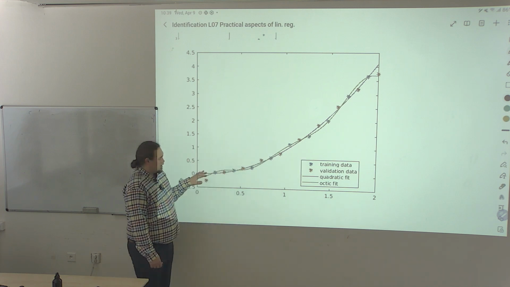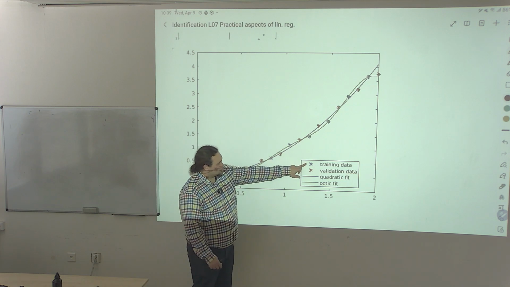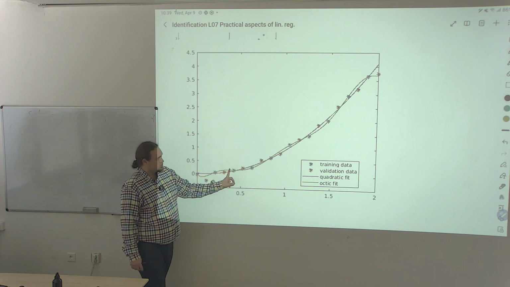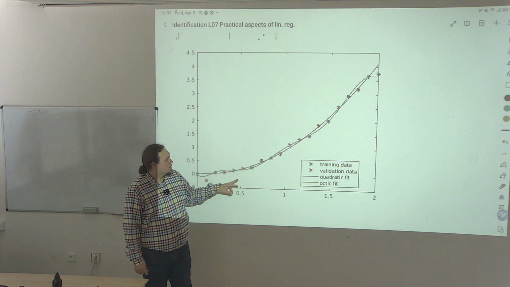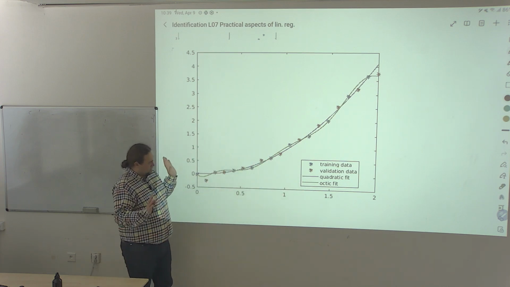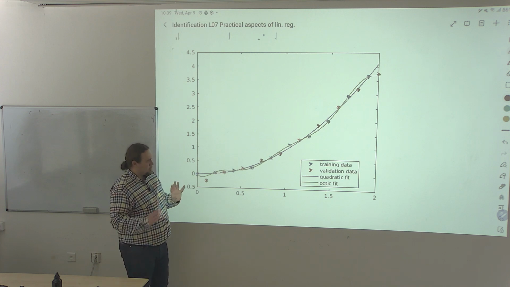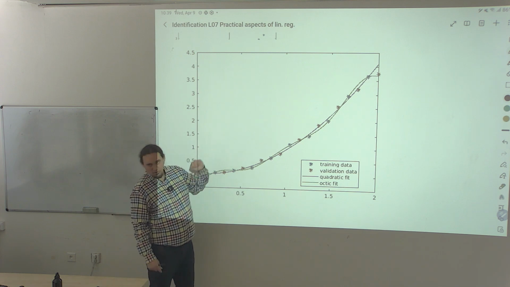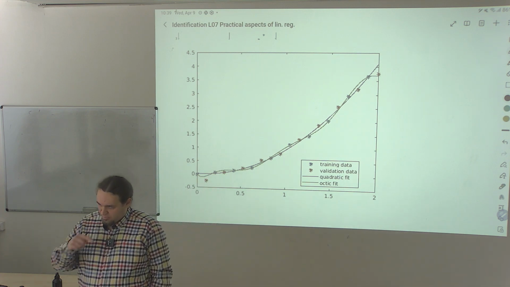So the idea is I have several experiments and I split the data into training and validation. The training data would be used for calculating the values of the parameters, and validation data would be used to check whether the prediction error is still okay, whether it is at least similar to what the training data would suggest. We'll get back to this.